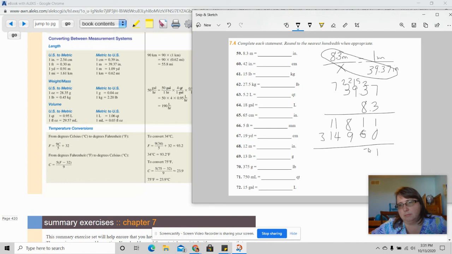Add down, 5, 2, 3, and then we have 1, 2, 3 places. It says to round to the nearest hundredth, so that would tell me right here, and since 0.771 is closest to 0.77, that is where we stop.